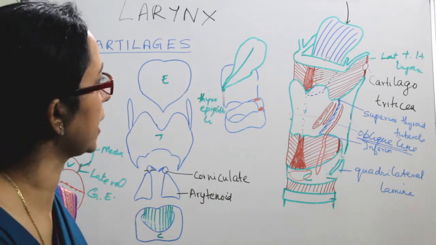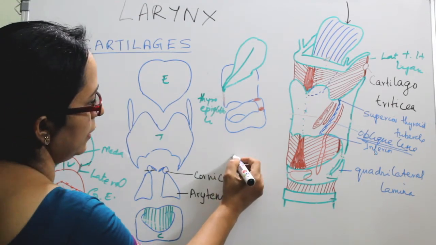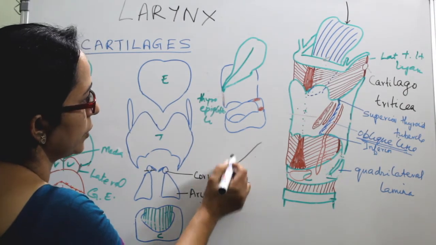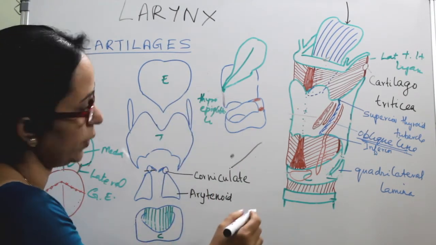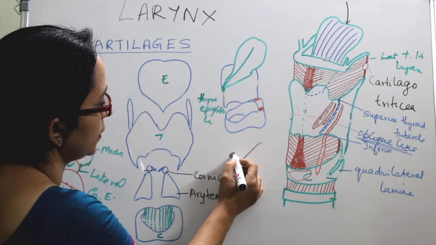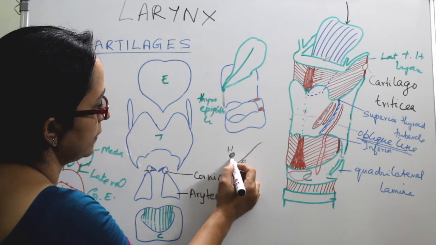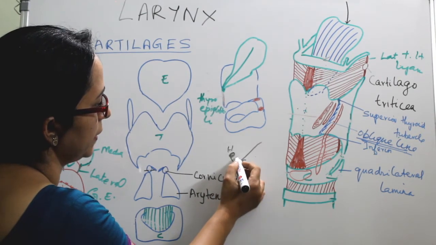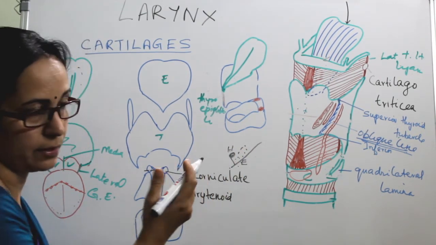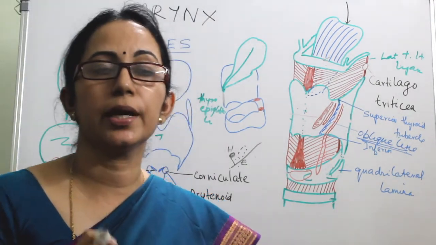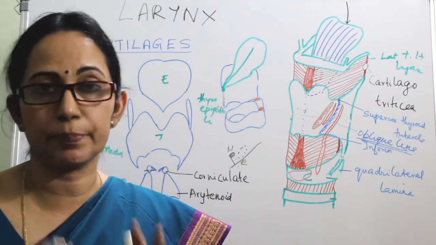So the epiglottis is going behind the hyoid bone to get attached to the thyroid cartilage. The space between the hyoid and the epiglottis has a connection called the hyoepiglottic ligament, and this anterior part is filled with fibrofatty tissue, and that is called the pre-epiglottic space.